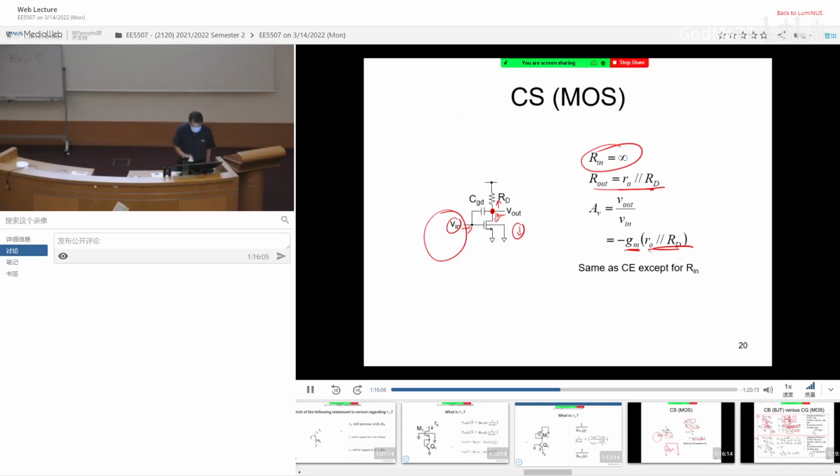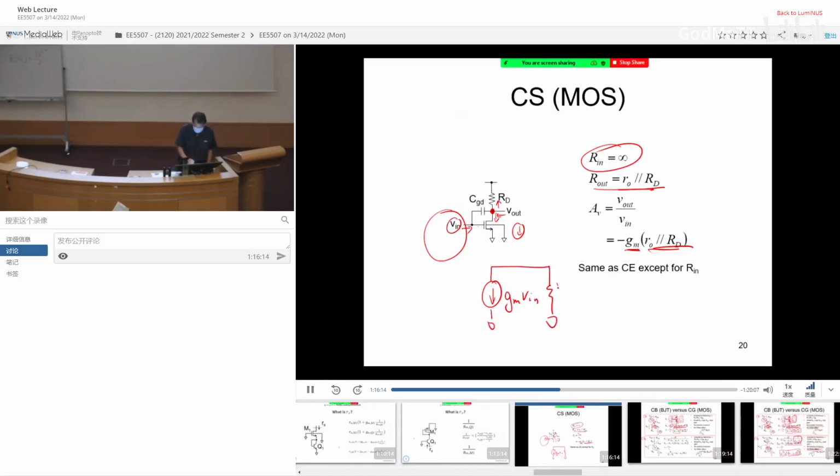Now to explain briefly why there is negative sign, the current source is actually given by GMV in. But the resistor is actually this guy. So if you look at the output voltage, the current actually flow in the anti-clockwise manner. Right? Yes or no? The current direction is determined by this guy. This guy tells you going down.